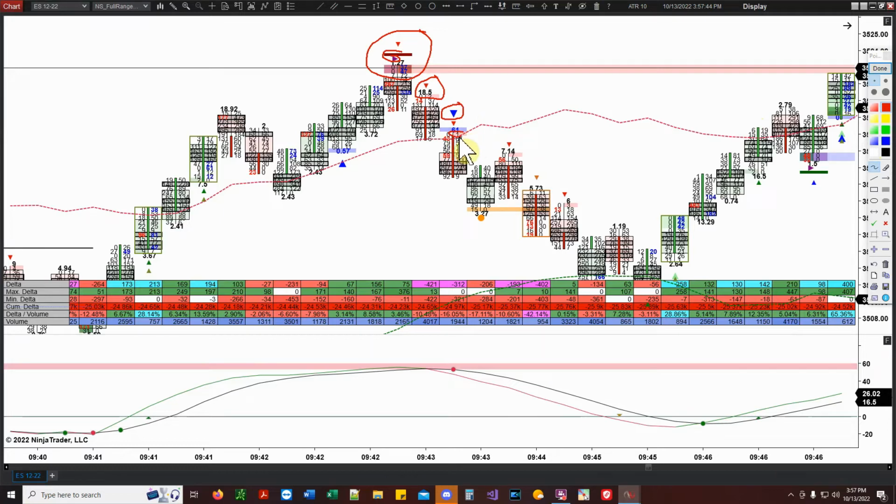You have a single print right there. You have imbalances right there. Now, something about all this volume at the bottom: you got a lot of people selling here at the bottom of this bar, because you have the three POCs stacked right on top of each other at the bottom of the bar. Okay? This bar is a go.